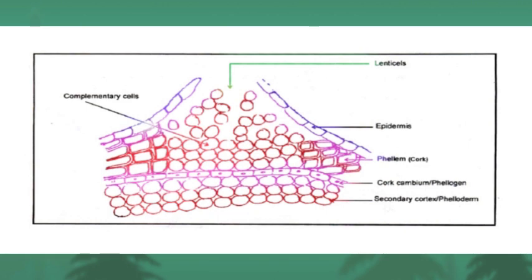At some regions, cork cambium forms specialized parenchyma cells called complementary cells. Because of these complementary cells, woody stems show lens-shaped openings called lenticels. The major function of lenticels is gaseous exchange. Sometimes lenticels also perform transpiration, which is called lenticular transpiration.